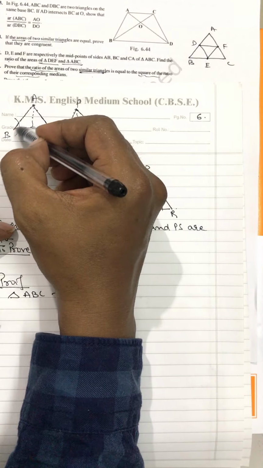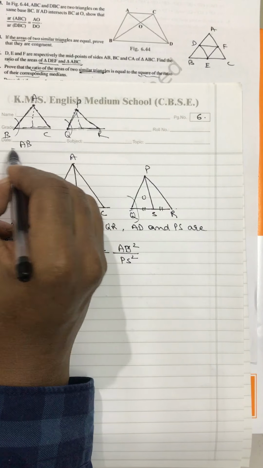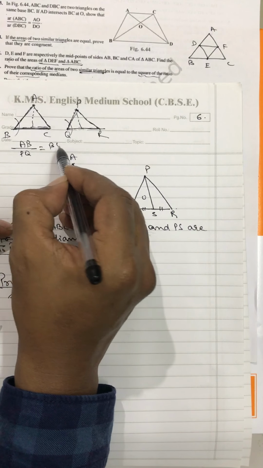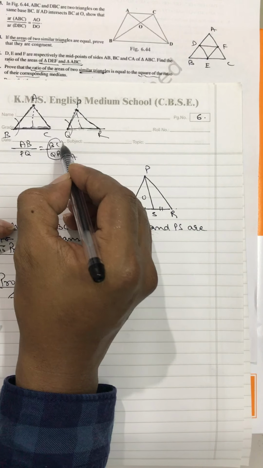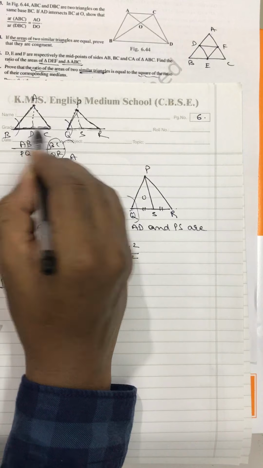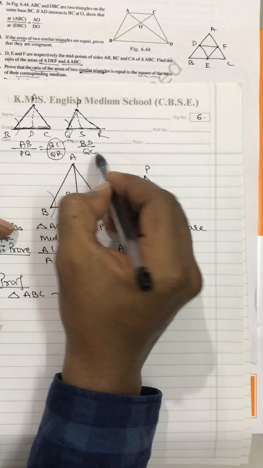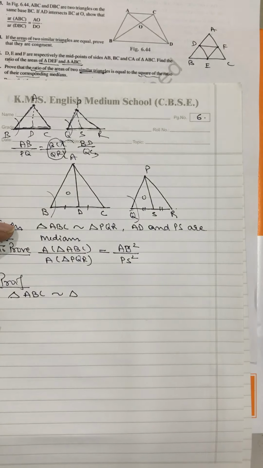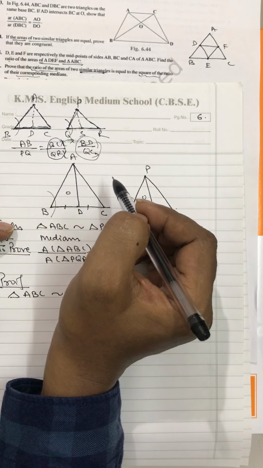And AB upon PQ is equal to BC upon QR, and this I will have to convert to BD upon QS. You should know this by taking half over here: BD upon QS.